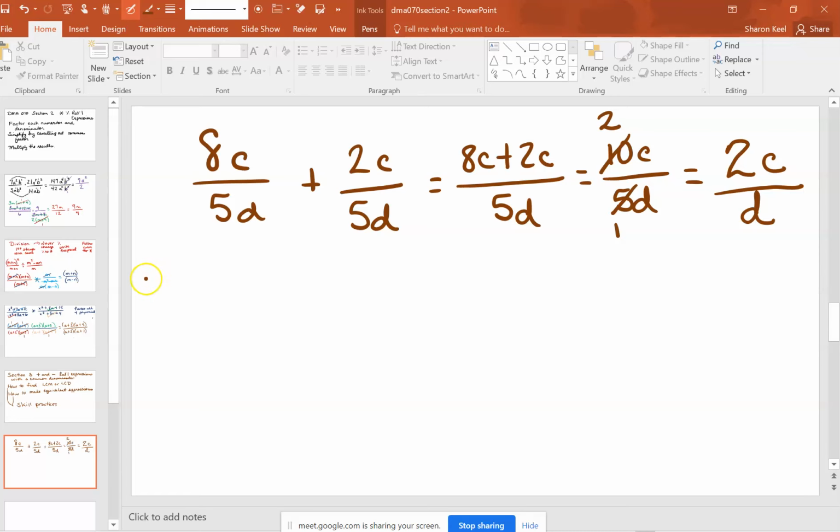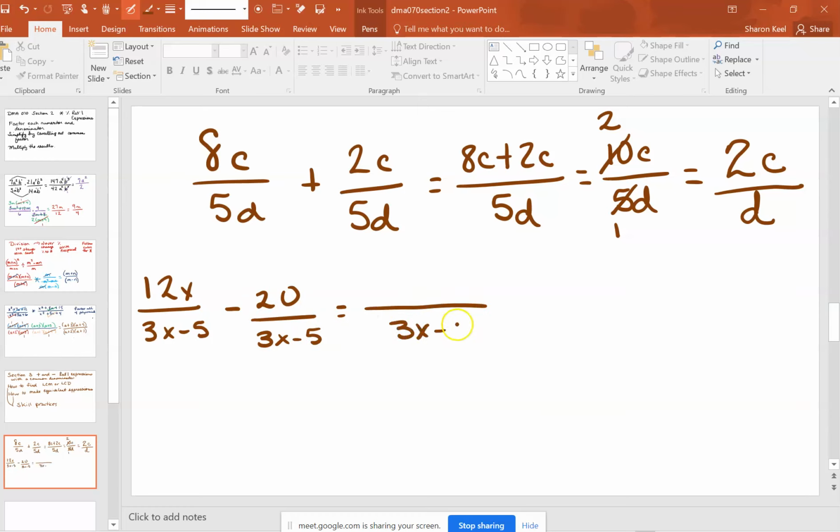Let's try another one. 12x over 3x minus 5 minus 20 over 3x minus 5. So my denominator is the same, which means I can write the numerator, and I would just combine those. Now, in this case, I cannot cancel, I can still look at these and see I've got a common factor.